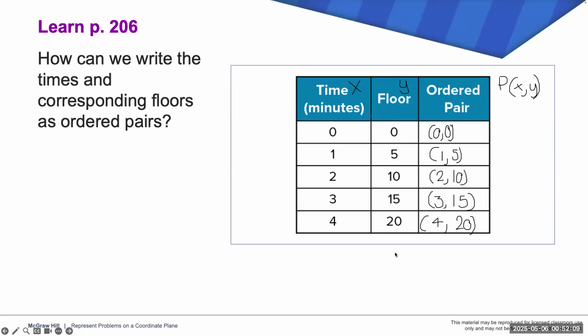But they asked us to record the time it will take to get to the 30th floor. Well, we do not have x for that. We just have y, which is 30. So we need to figure this out. Let's see how we do that.